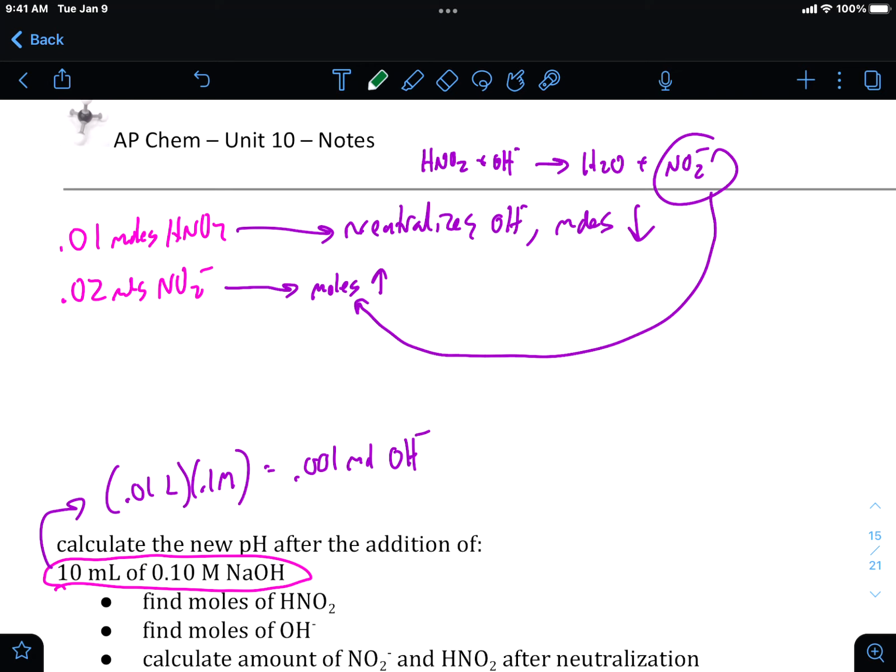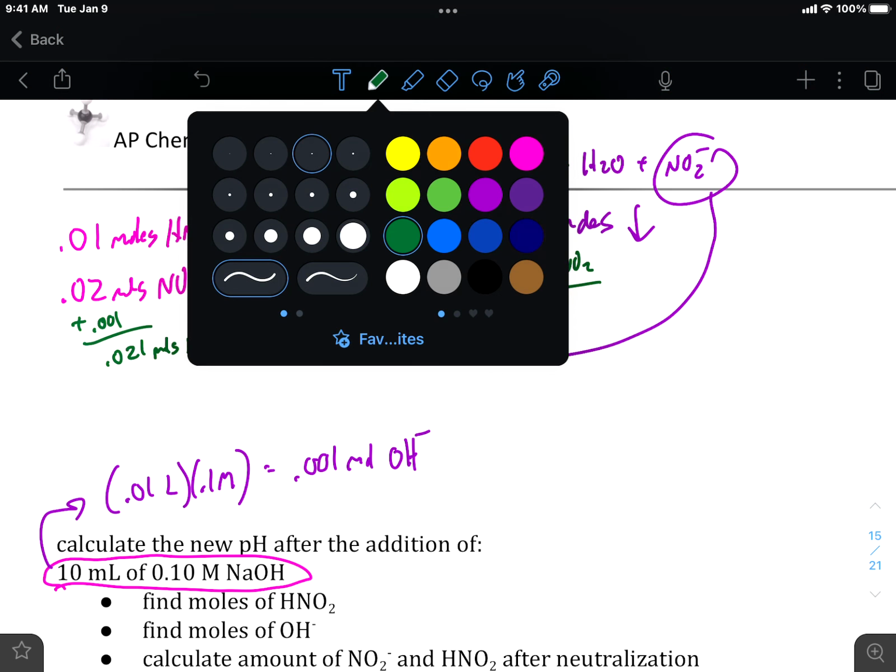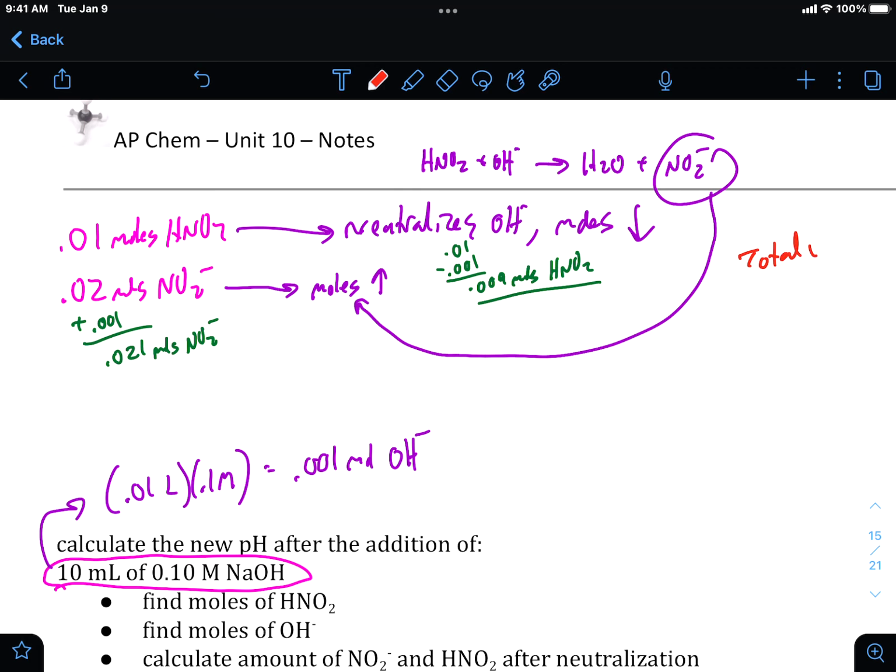The number is actually on the screen. By 0.001. Therefore, 0.01 minus 0.001 becomes 0.009 moles of HNO2. That is how many moles we now have. The moles of NO2 minus we expect to increase. It's going to be 0.021 moles of NO2 minus. What is our total volume currently? 210 milliliters.